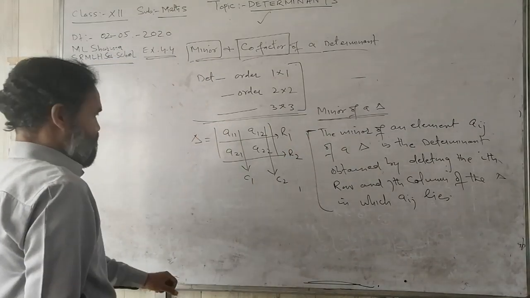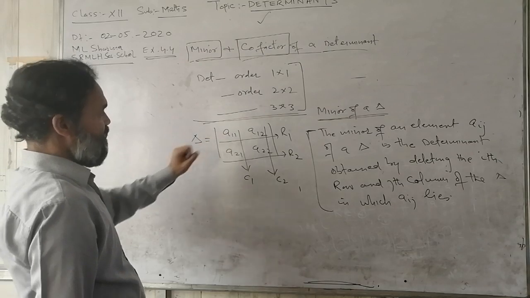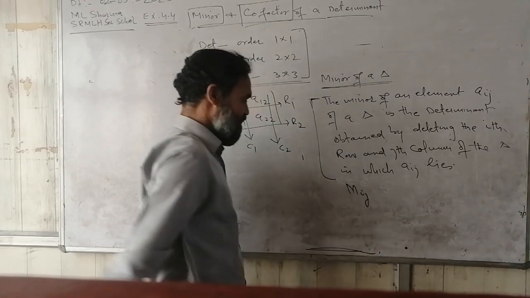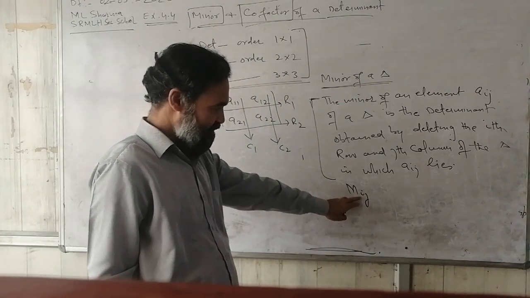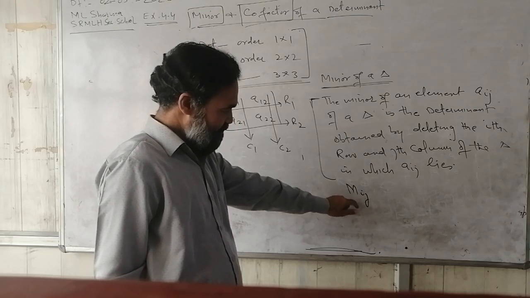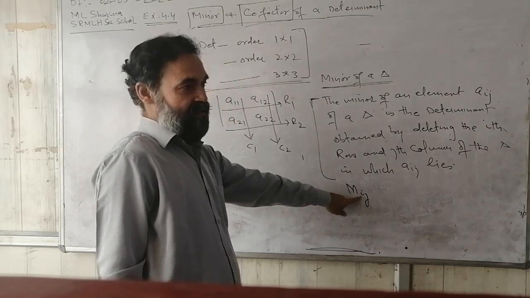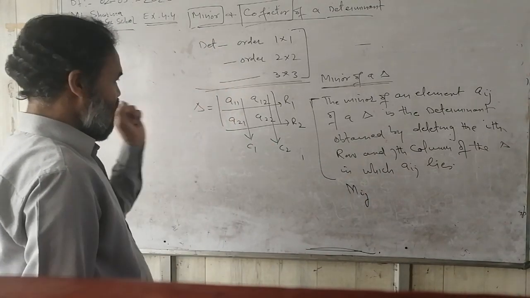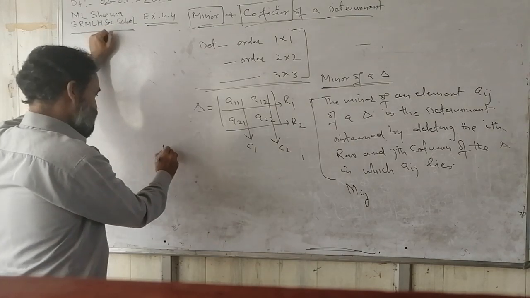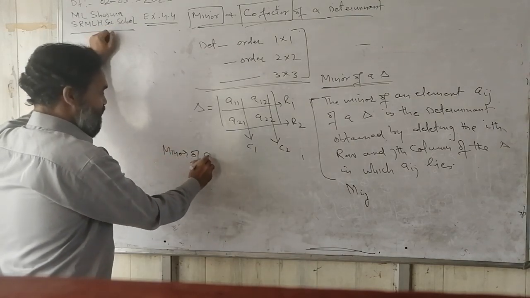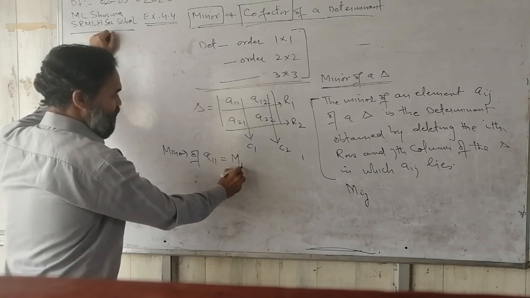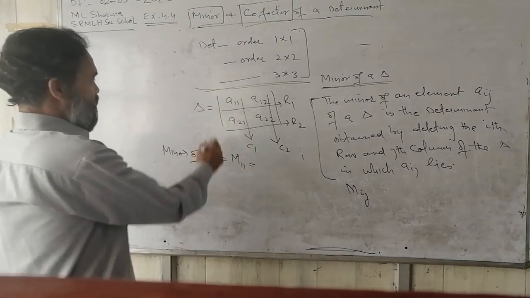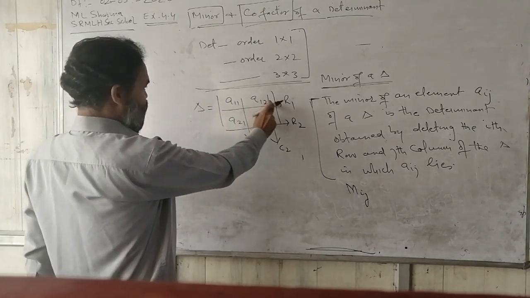So I have taken here a 2 by 2 determinant. The minor of an element is denoted by Mij. M stands for minor and the suffix i stands for row and j stands for the column in which this element lies. Now if I have to find the minor of A11, this will be M11 and this will be equal to, I will have to delete this row and this column.